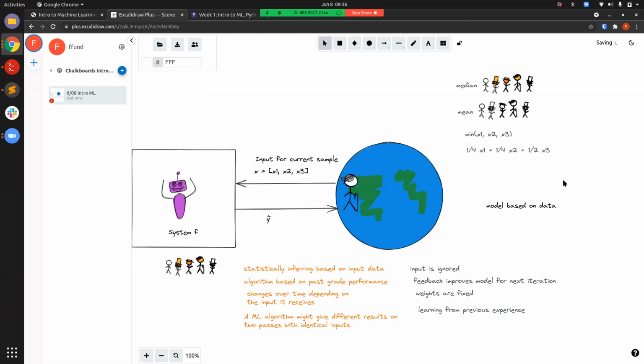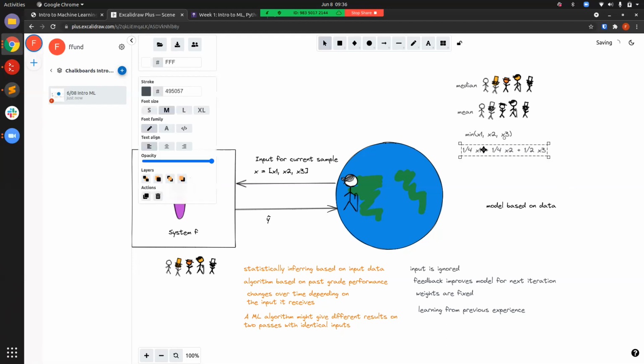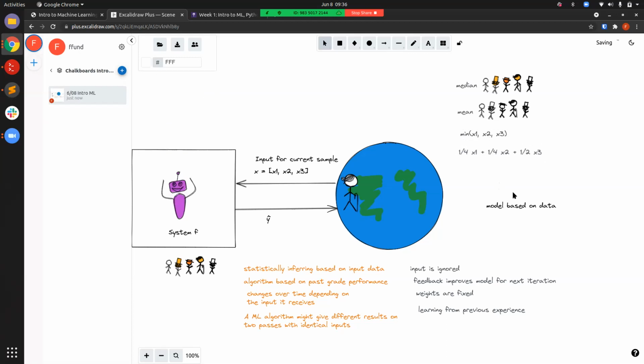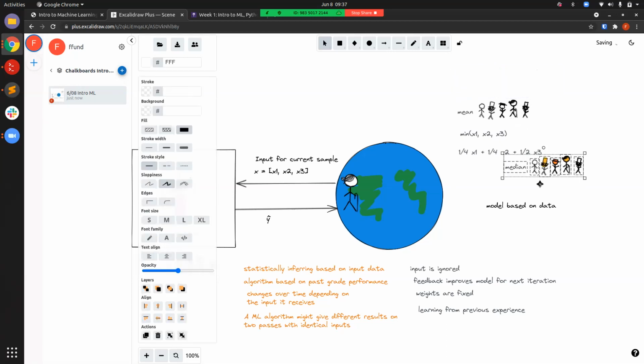Which of these would you say is based on data? Okay, so they're all based on some sort of data, that's true. Let's distinguish what kind of data they're based on.